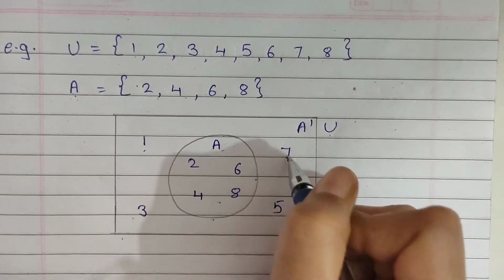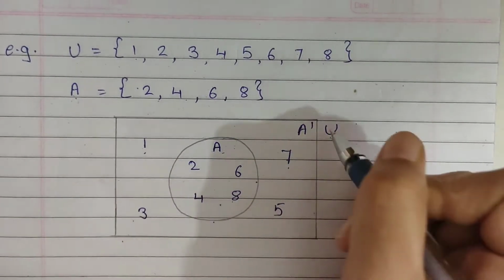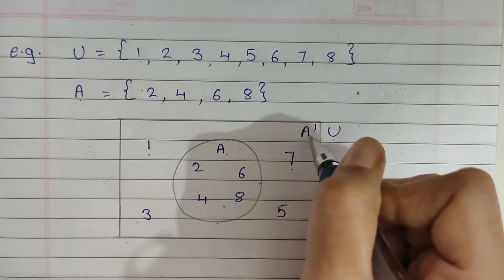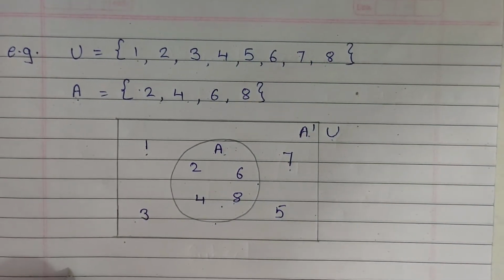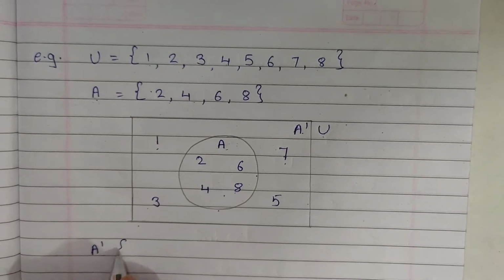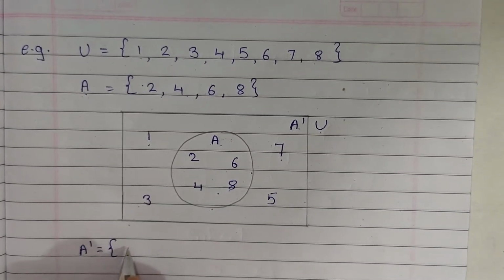Means these elements are not a part of set A but are present in the universal set, so I will call them A complement or complement of set A. So that we can show in this way also.